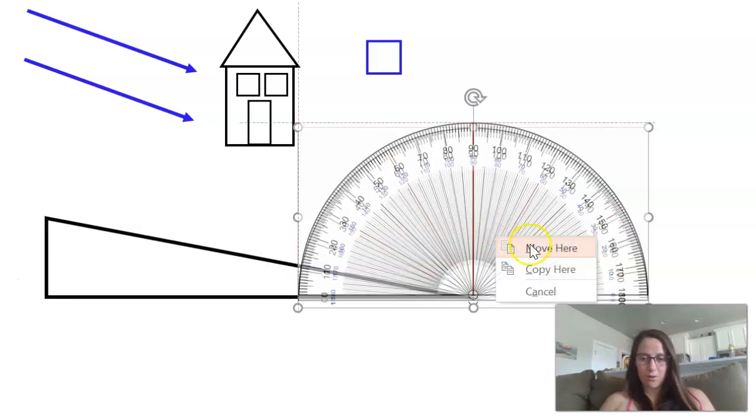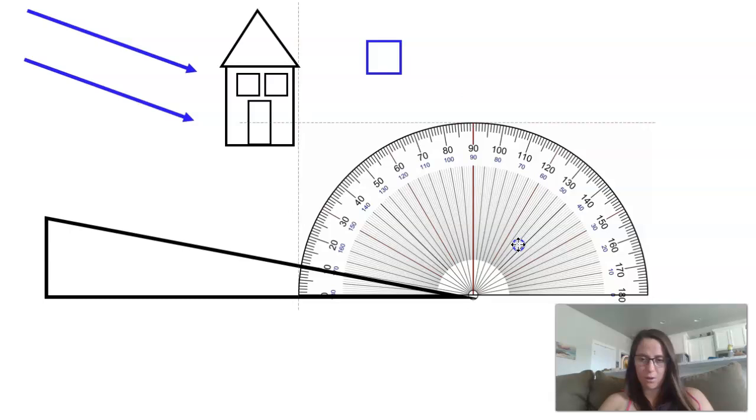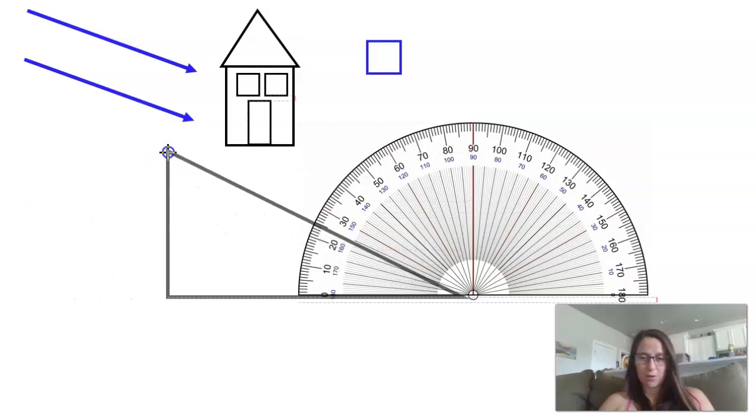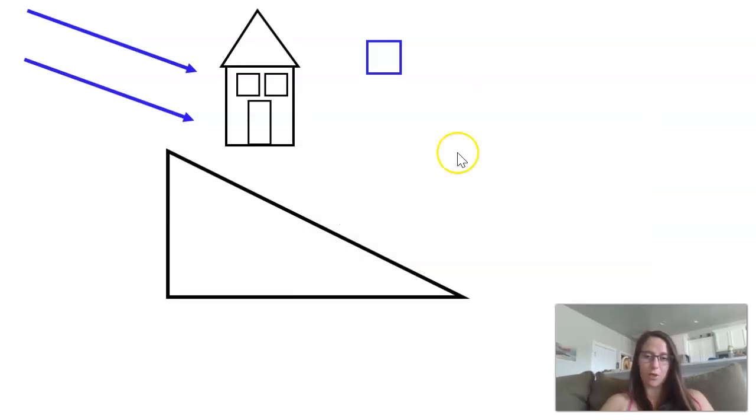Maybe center it right. Alright, that works. And then you want the slope to actually be at 25 degrees. This is at 10 degrees as you're seeing in the protractor. So you want it to be at 25 degrees. Excellent. Okay, so that should be your slope. Now we can get rid of this protractor.